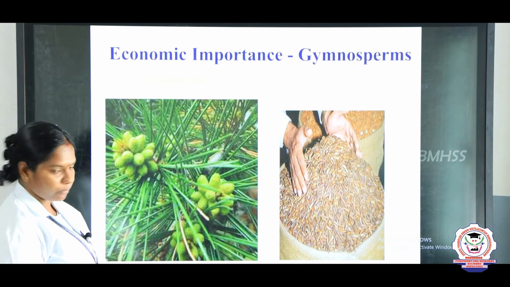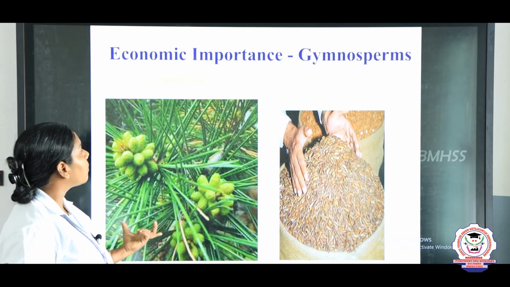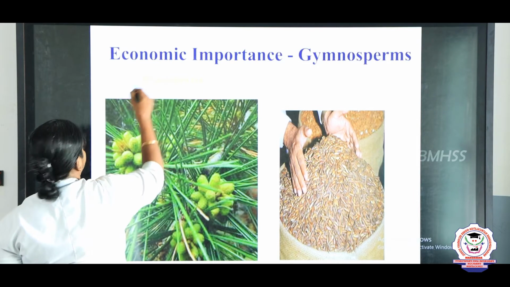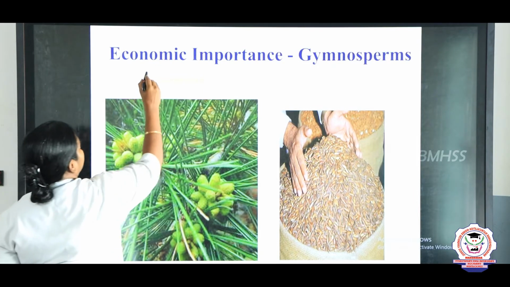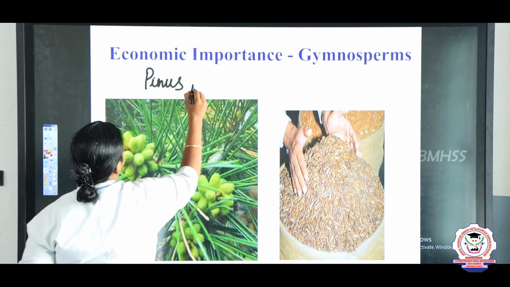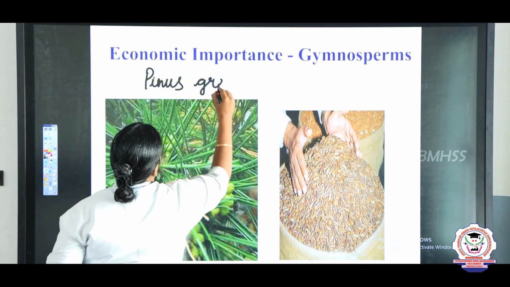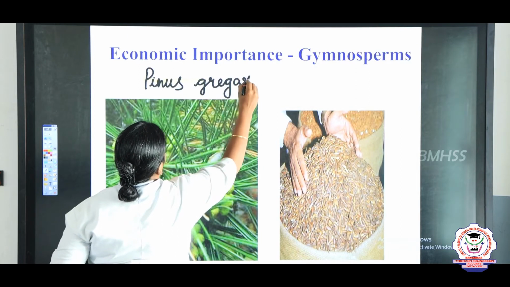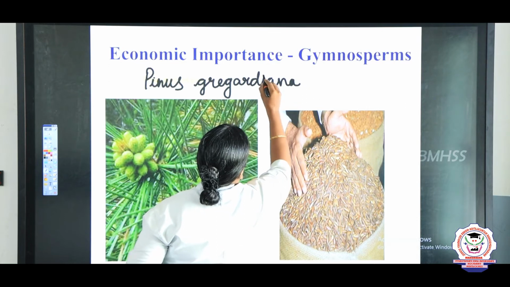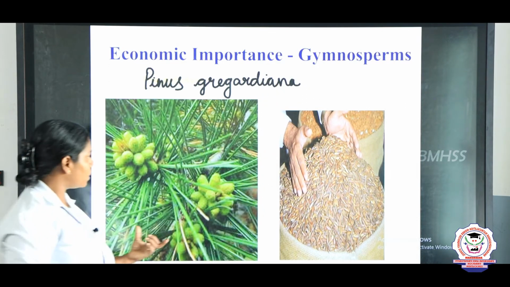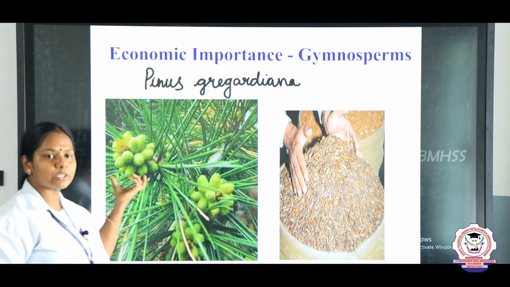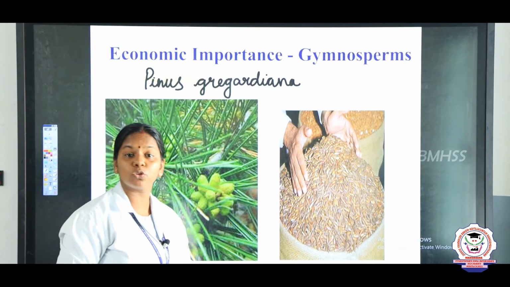Next, under economic importance, we are going to see Pinus gerardiana, right? What is the name of the plant, children? Pinus gerardiana, and the seeds obtained from this plant are roasted and consumed as food.